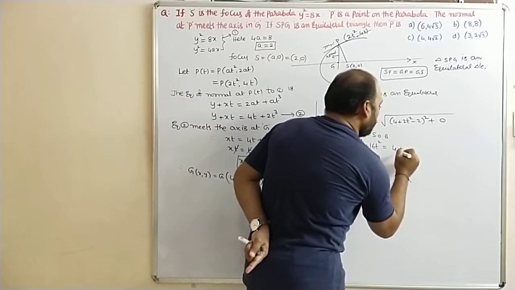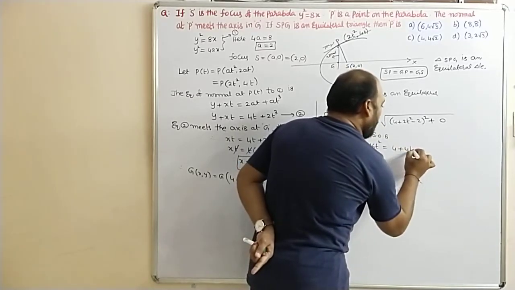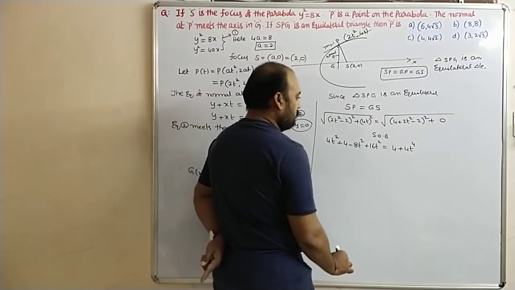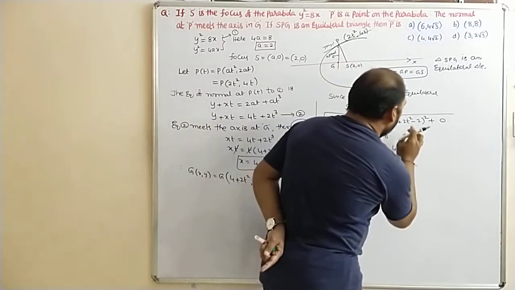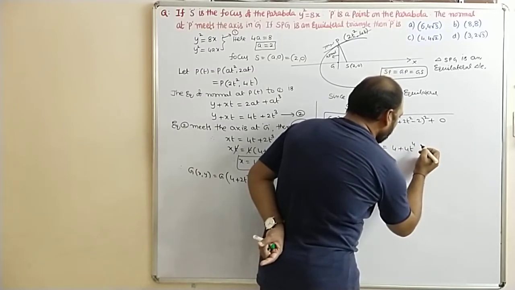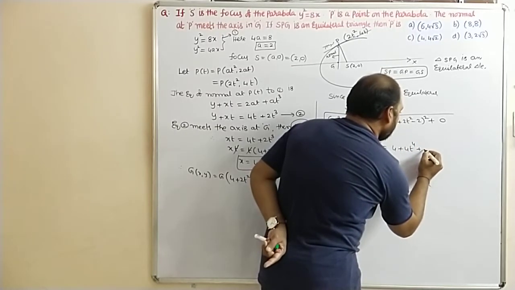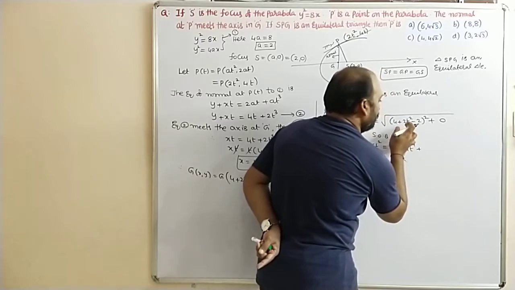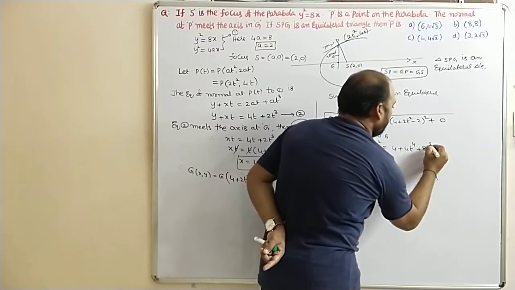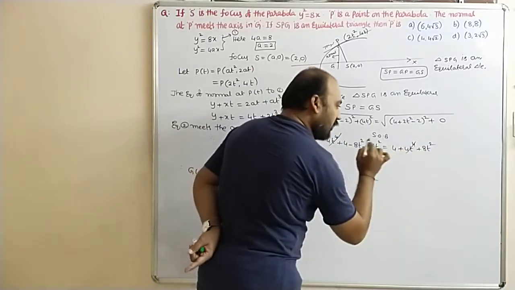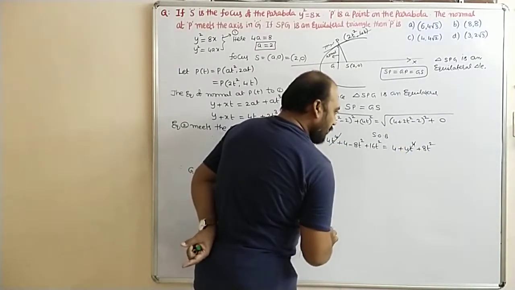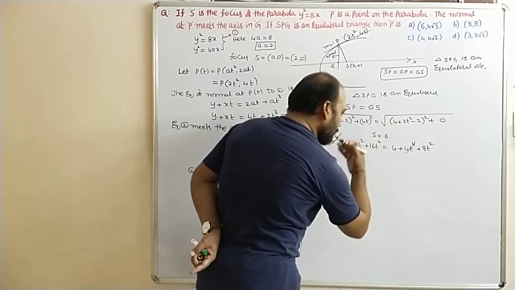So 4 plus 4t power 4, plus 8t square. Now simplify one by one. 4t power 4, 4t power 4 get cancelled. This 8t square you can take this side.